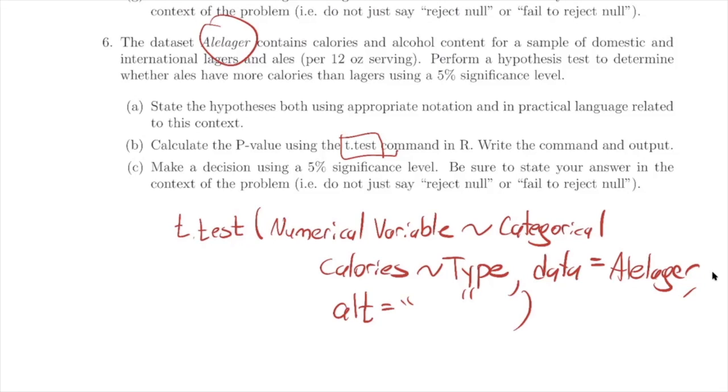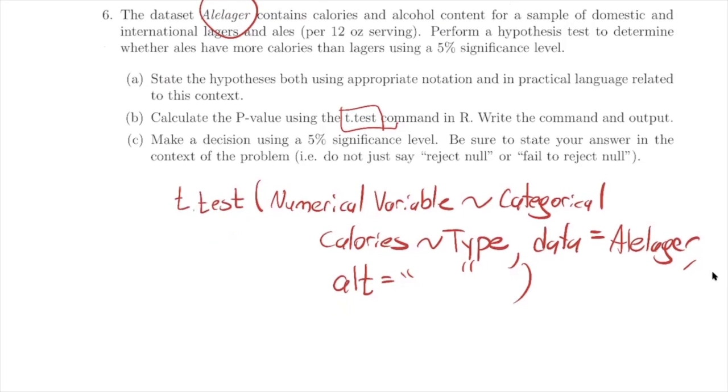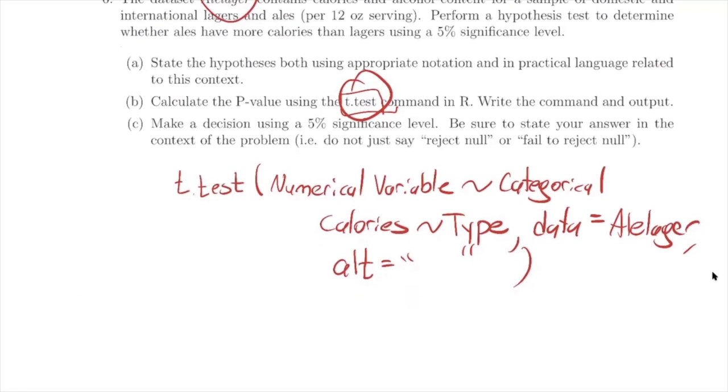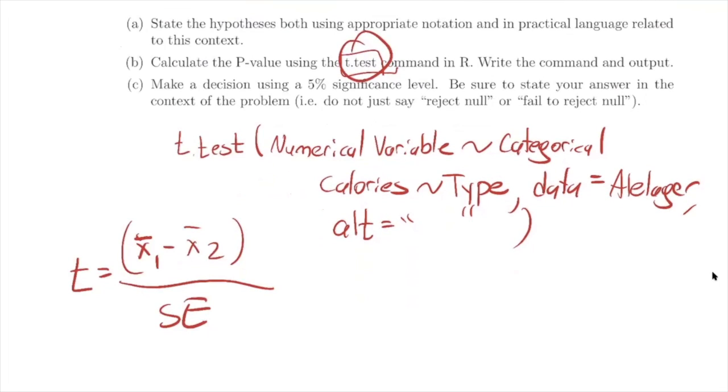Yes, it does seem right. Yeah, that seems like a weird number. When you do this t-test, keep in mind you're going to get some test statistic, which, if you were doing this by hand, is the difference of the means over the standard error. That standard error formula is a bit complicated when you have two means, but we've got a formula for that.